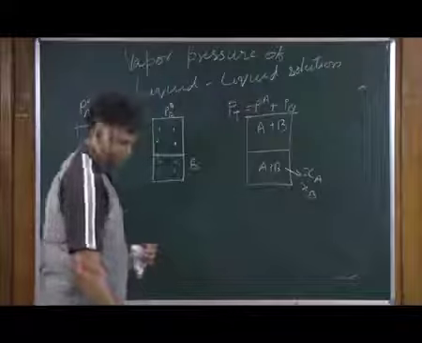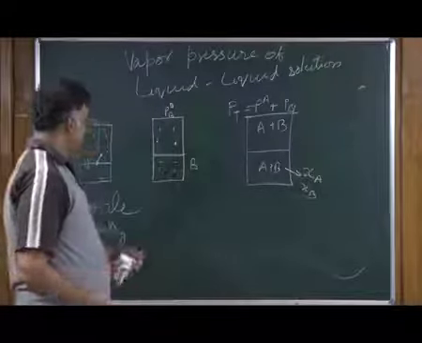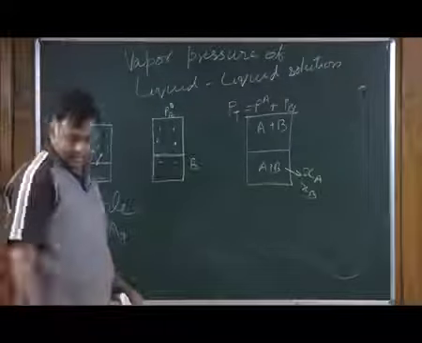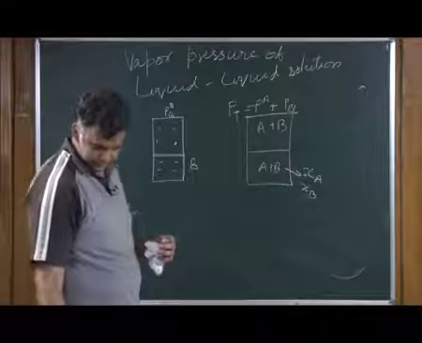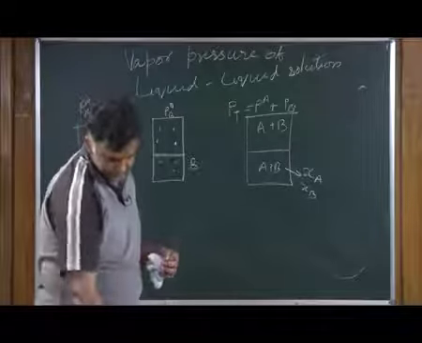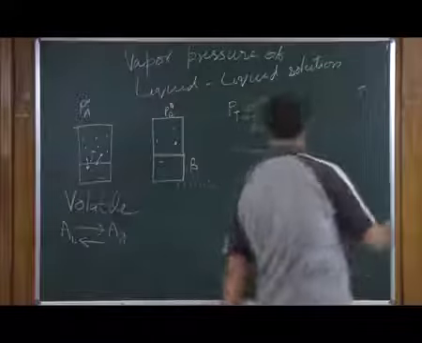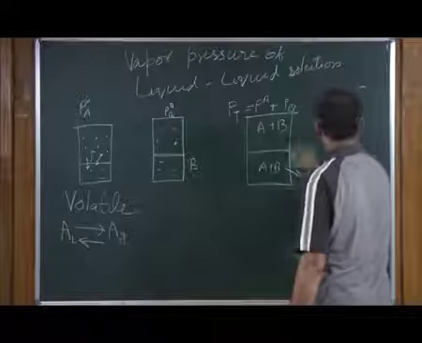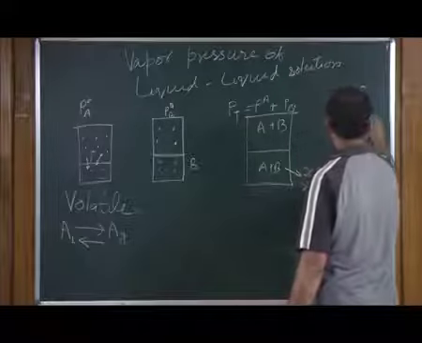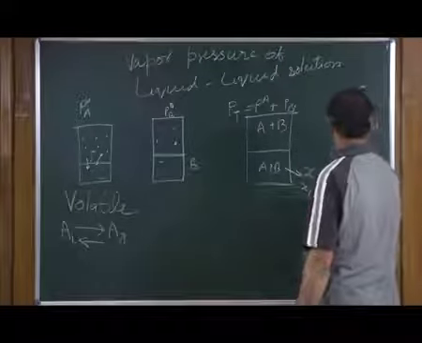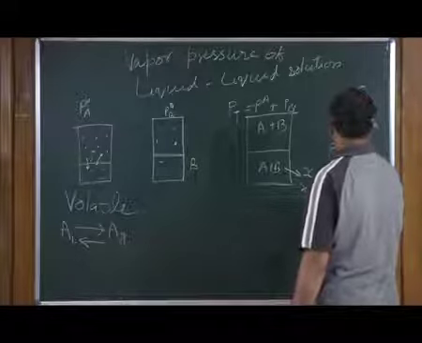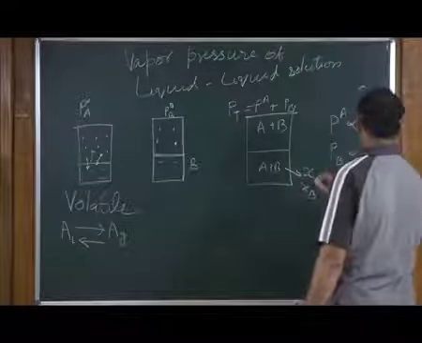Once we have classified these quantities, the relationship between them is given by Raoult's law, which says that P_A is proportional to X_A, and P_B is proportional to X_B.